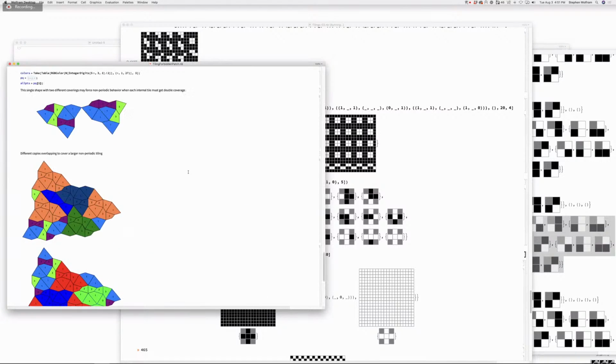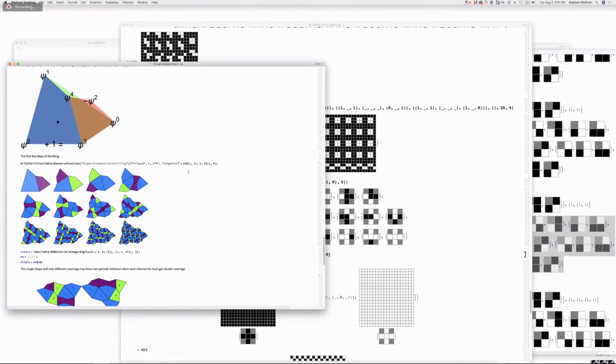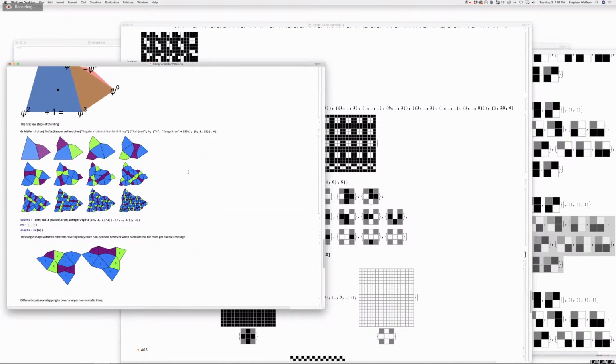And those two shapes there, I believe with overlaps, force the non-periodic tiling. Given that we know Penrose tiles already do this, why is this interesting? Because you're looking at overlapping tiles. The Penrose tiles by themselves just do one layer. Your overlaps are doing multiple layers.